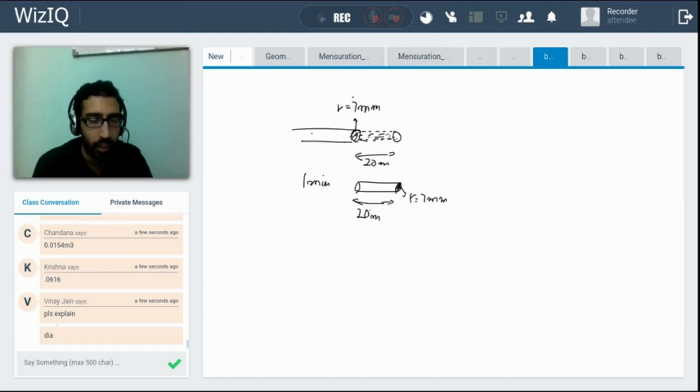So you can calculate this for 5 minutes. So for 5 minutes, the water that will be thrown out will be something like this. So 20 meter into 5. If it's traveling 20 meters in 1 minute, it will, of course, in 5 minutes travel 100 meters.